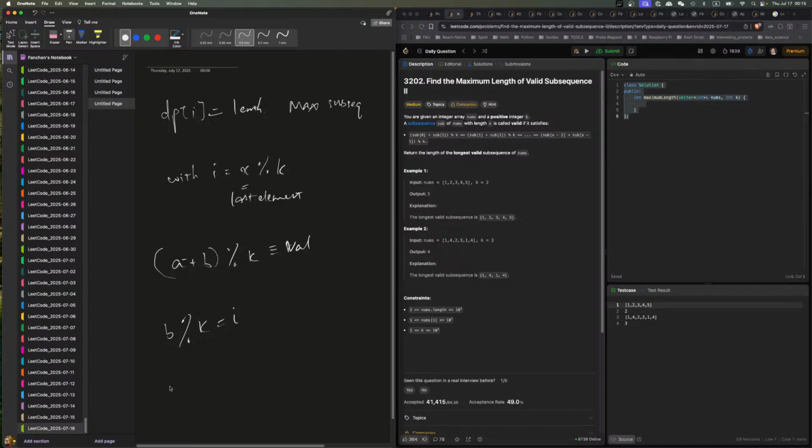So basically what we're saying is a plus b equals m times k plus val, and we say b equals n times k plus i. So let's swap it in. a shall equal mk plus val minus nk minus i. So that should be (m minus n) times k plus val minus i, which means a mod k shall equal val minus i.